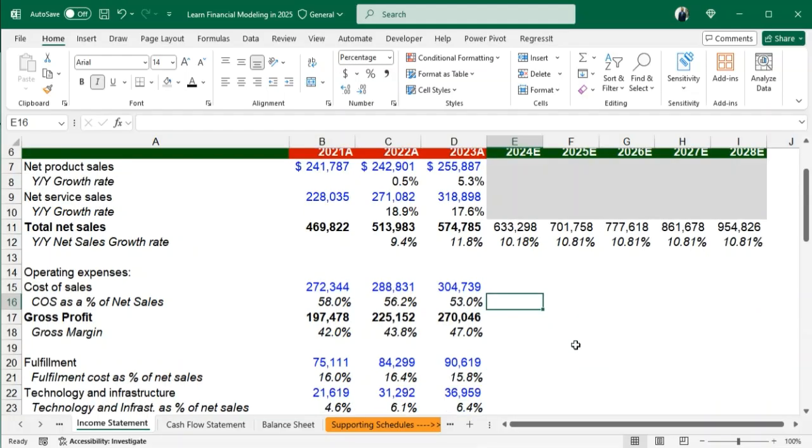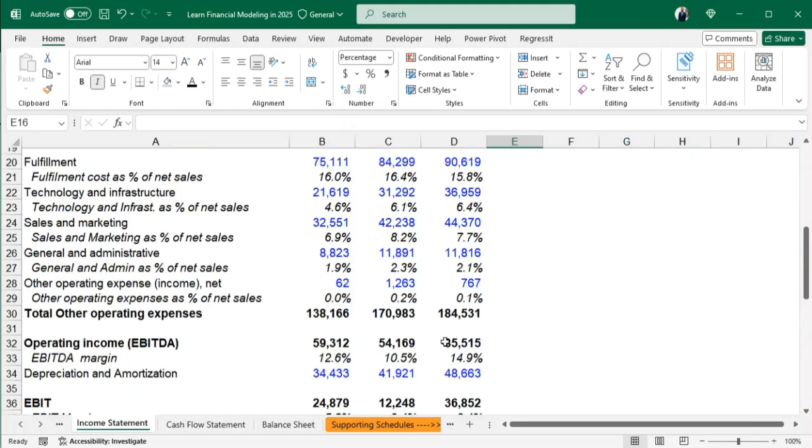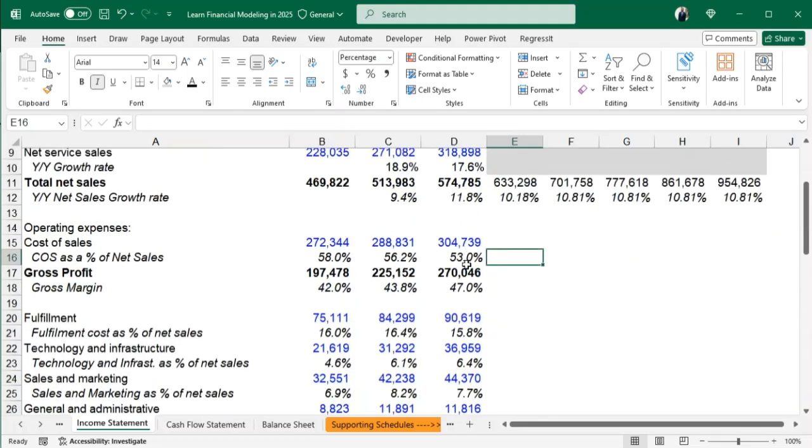For each of these methods, it is always advisable to try all of them and see which one best illustrates what is happening. This is the importance of calculating our historical ratios. So that's the first method.